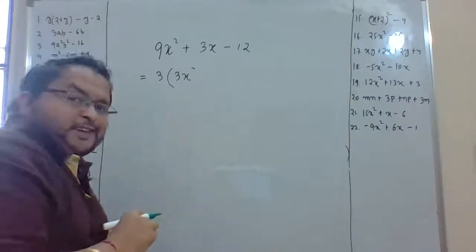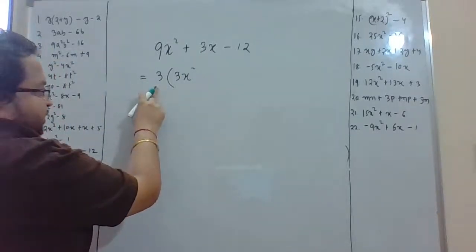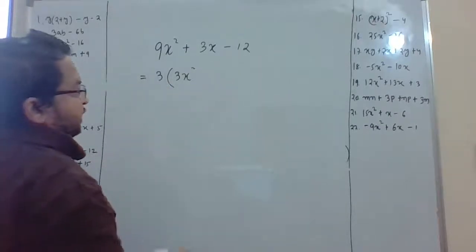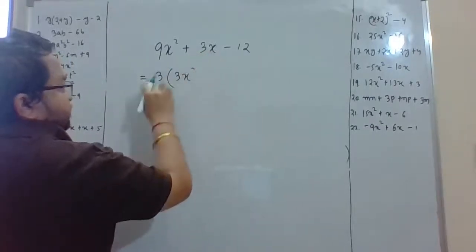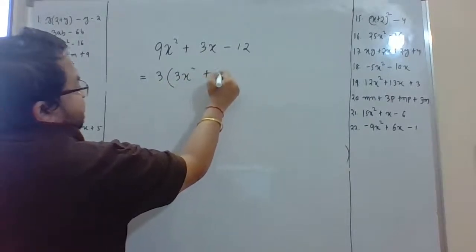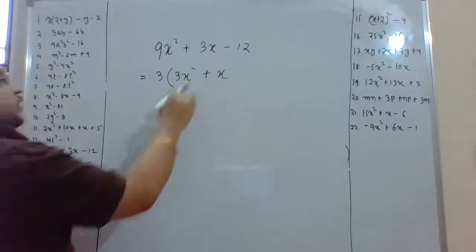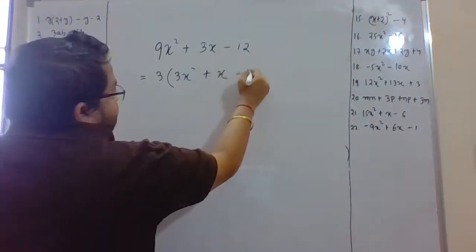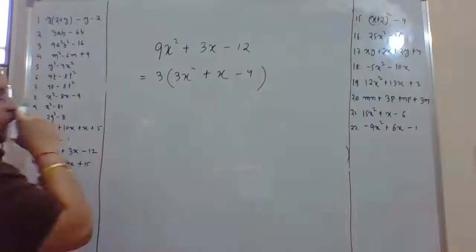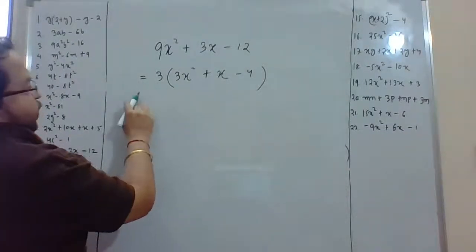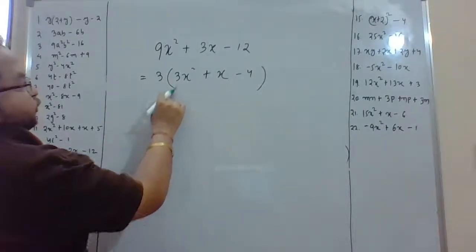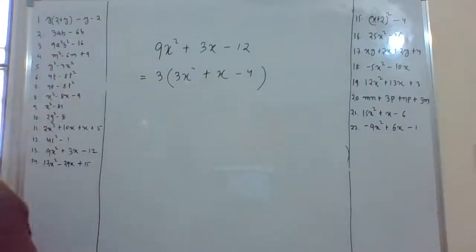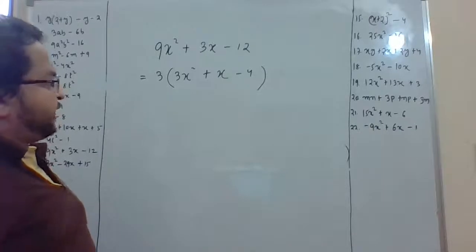And when we take a common factor, that means we are dividing it from all the other terms. 3x by 3 is x, and 12 by 3 is 4. There's a minus sign here, so it will be minus 4. So if I take 3 as a common factor, this gets reduced to 3x squared plus x minus 4, right? So now this is what I'm getting.